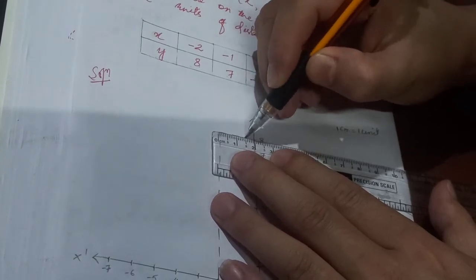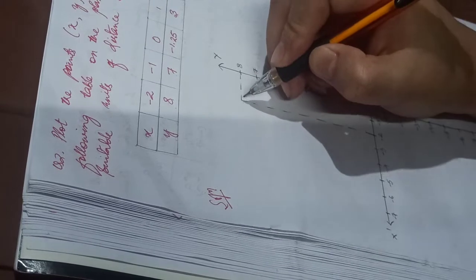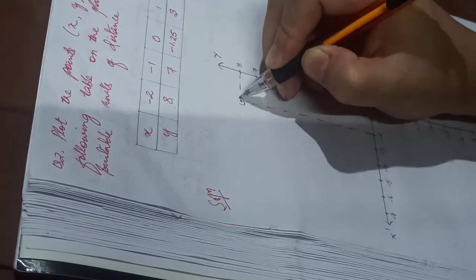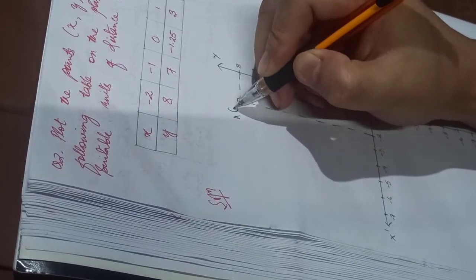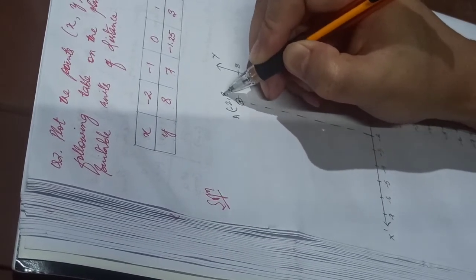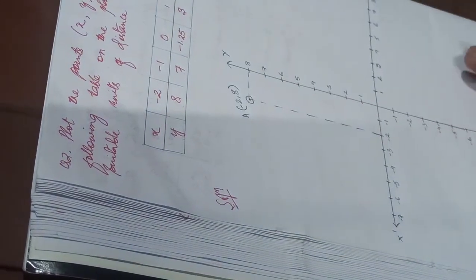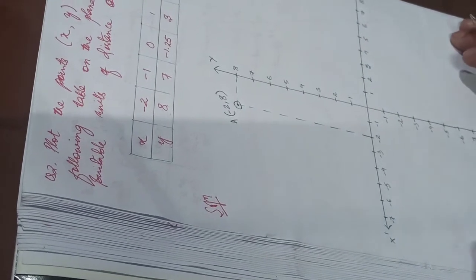Yes, so this is our point. Let me mark this point as A, where x is minus 2, y is 8. Is it clearly visible?